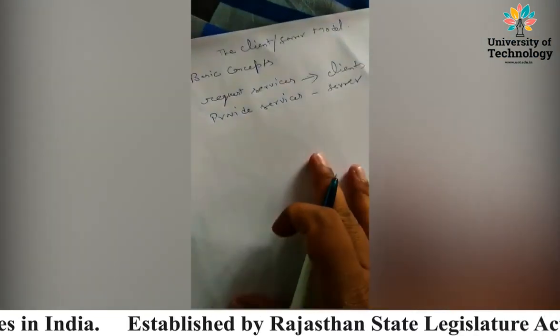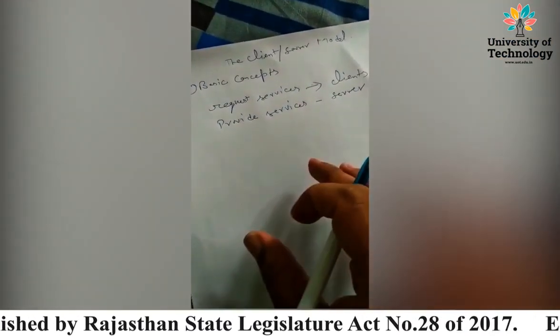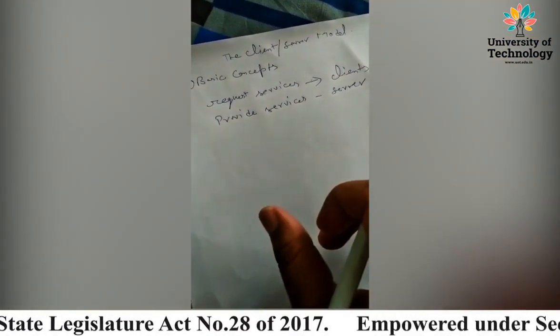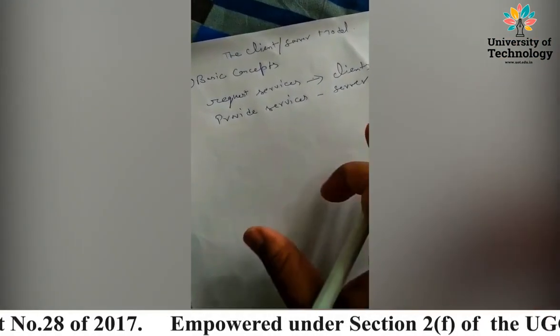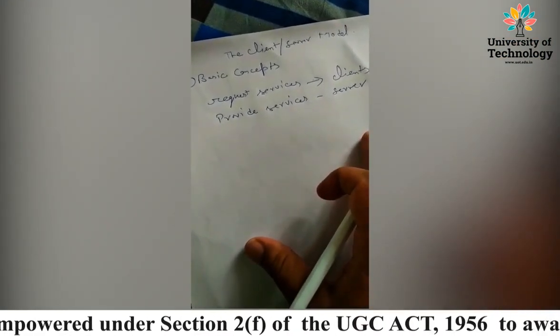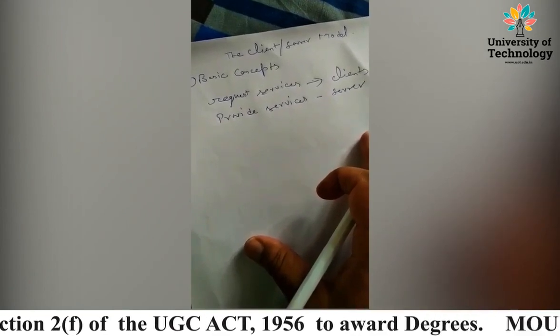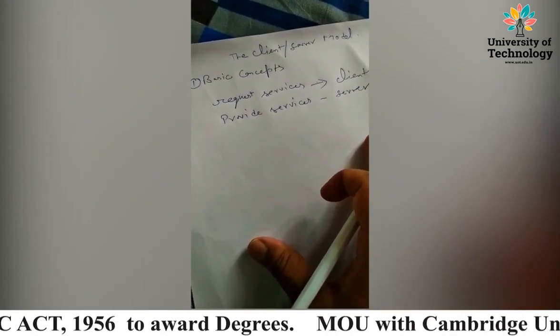In any interaction, a process is either a client or a server depending on the context. So there is an association between client and server processes that execute on two different computers.